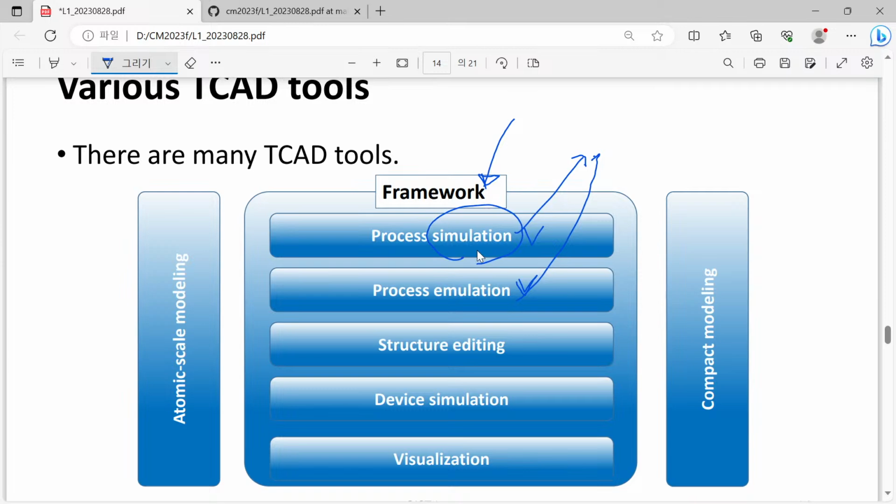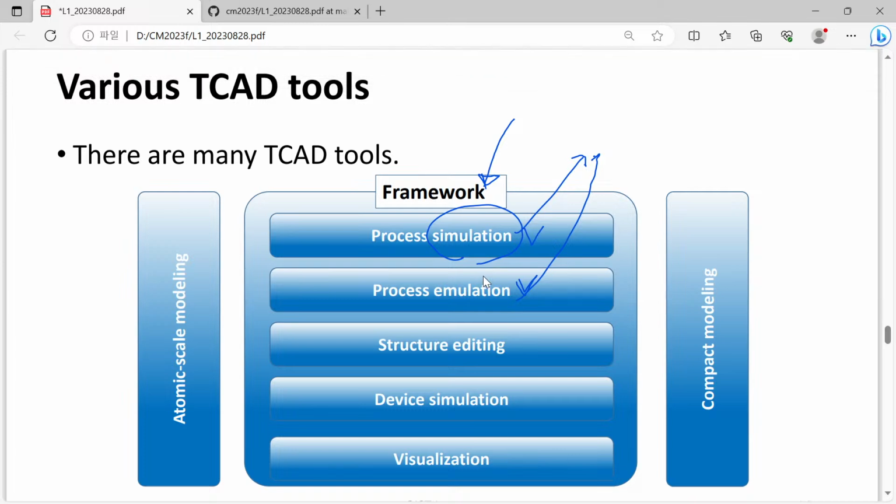Process simulation and process emulation, their differences are like this. Simulation means that they really try to follow certain physical rules. So they follow, for example, some diffusion rule of dopants inside the semiconductor. Emulation is not trying to follow exactly the physical rule, just to emulate and make seemingly possible device structures. But anyway, they are quite closely related, and using these two tools, we can generate certain device structures.